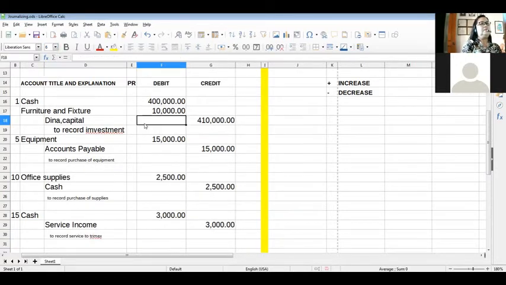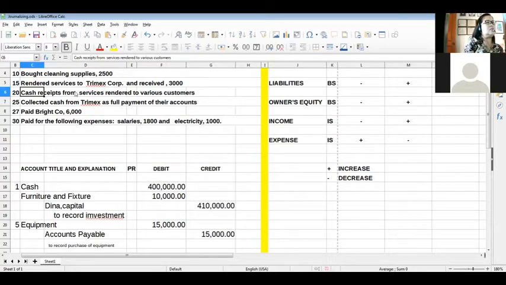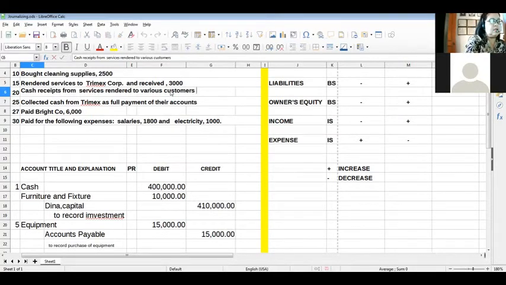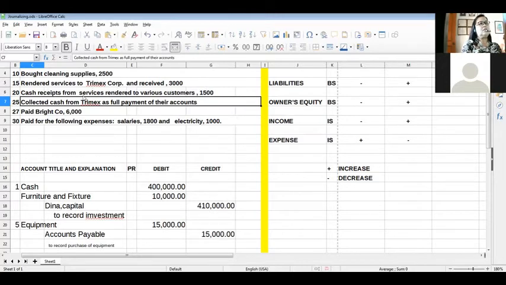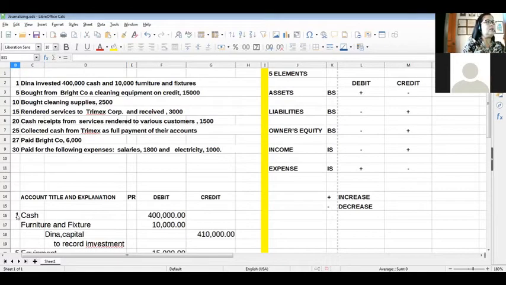Okay. So, next, we have another transaction dated March 20. This time, cash receipts from services rendered to various customers. Ibig sabihin niyan, nagbigay na naman siya ng service sa kung kani-kaninong customer niya at nakatanggap siya ng cash receipts in the amount of 1,500.